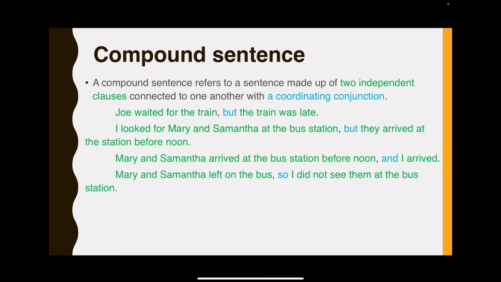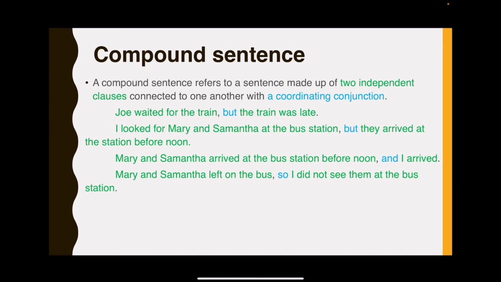Once you have 2 independent clauses, you need the connectors, called coordinating conjunctions, and I mark all of them in blue. So in green is the independent clause, and in blue is the coordinating conjunction used to join those 2 independent clauses together.